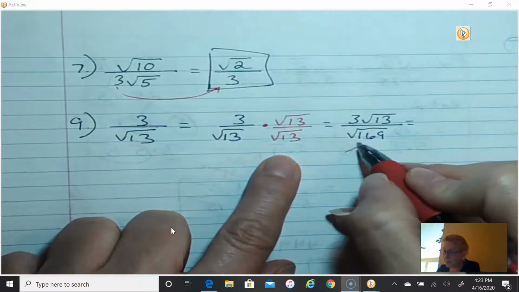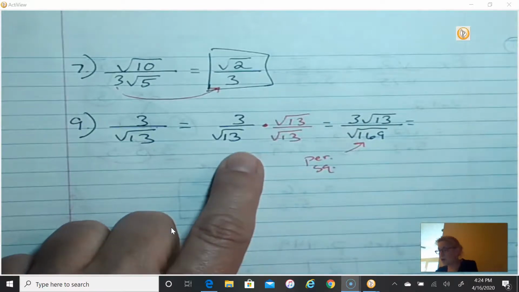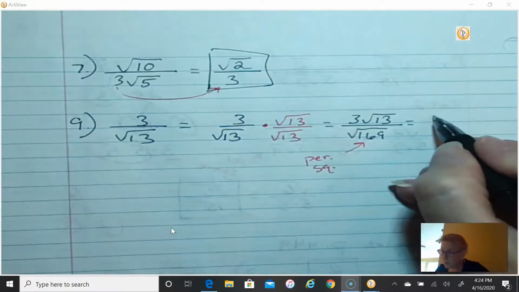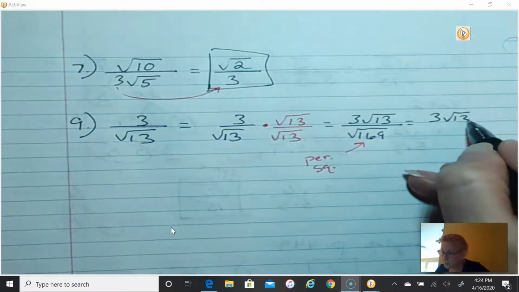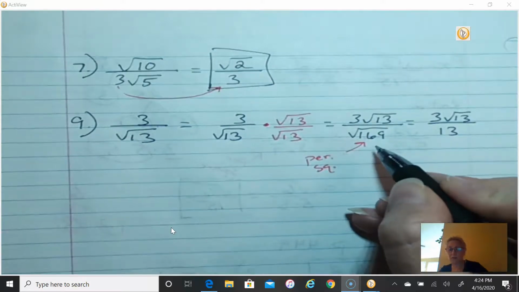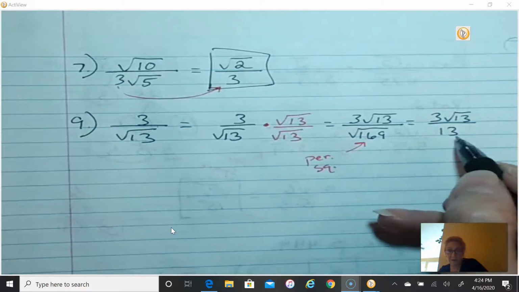This is a perfect square. So then you have 3 times square root of 13 over 13, because the square root of 169 is 13, because 13 times 13 is that, right?